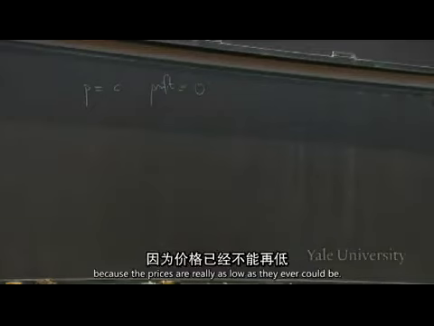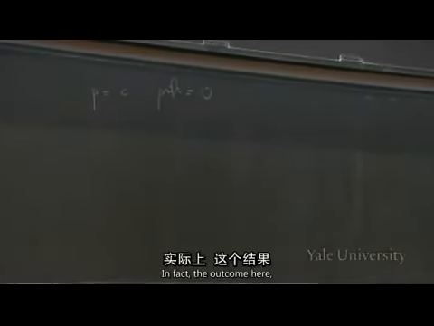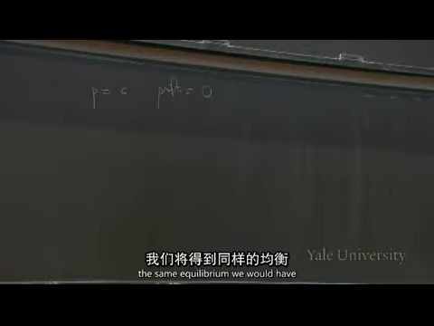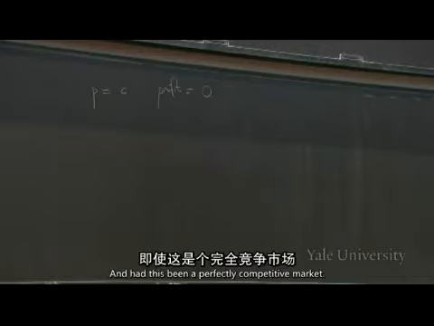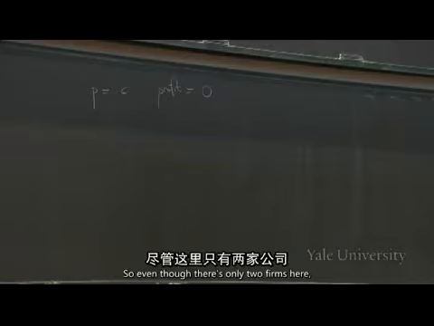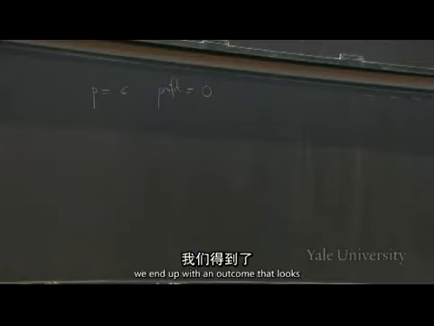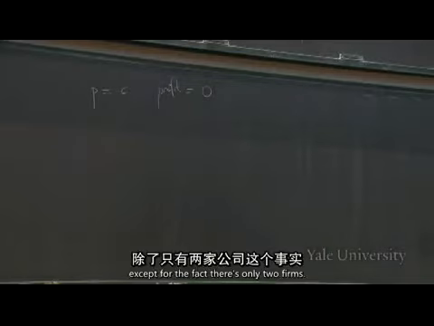In fact, this equilibrium is, for all intents and purposes, the same equilibrium we would have had if there had been thousands of firms in the market and this had been a perfectly competitive market. So even though there's only 2 firms here, with price competition and identical products, we end up with an outcome that looks exactly like perfect competition, except for the fact there's only 2 firms.